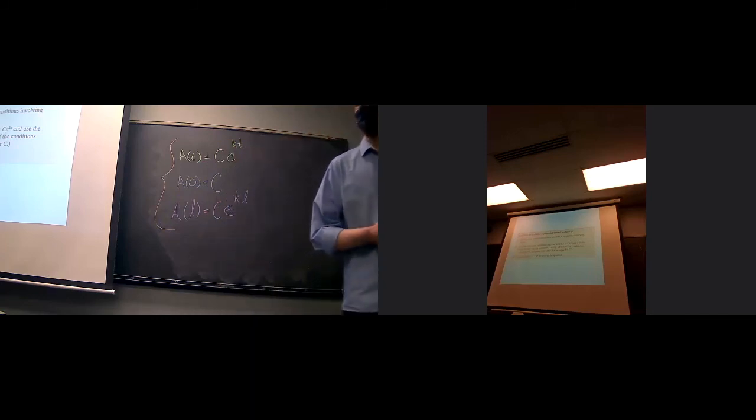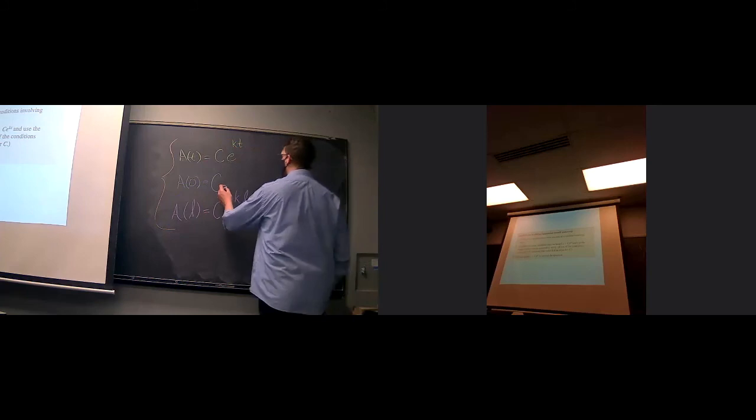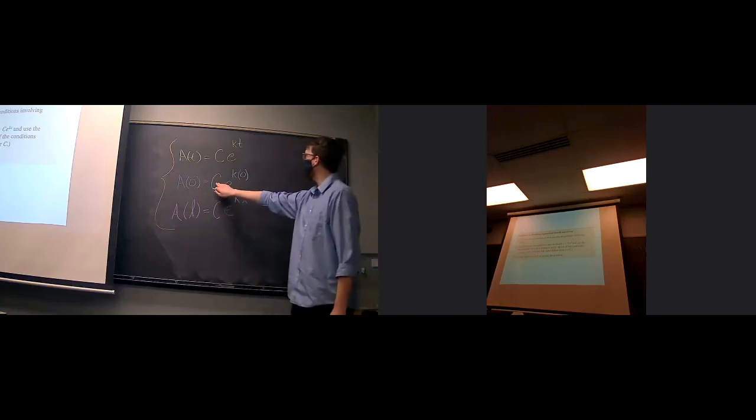It's equal to C e to the K at L, and this is equal to e to the K at 0. So using these three points of information, you know the general form, you know something about the initial data, you know something about the data a little bit longer down the road. You can solve for C and you can solve for K.